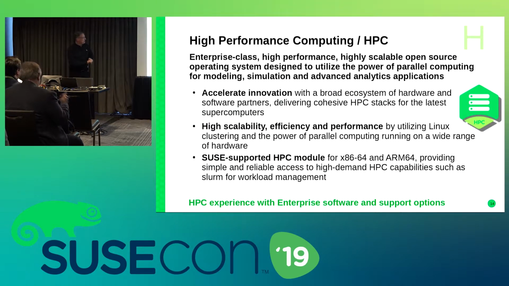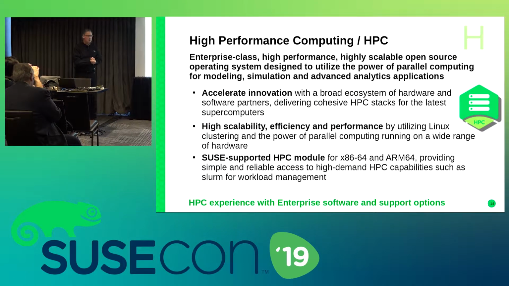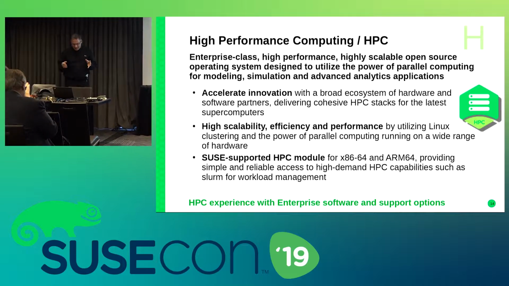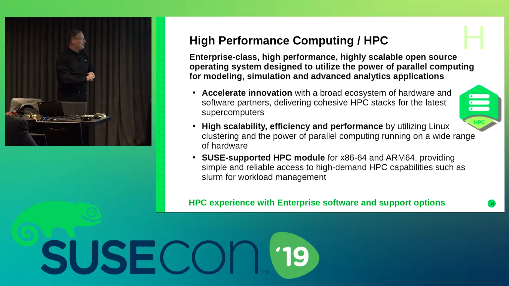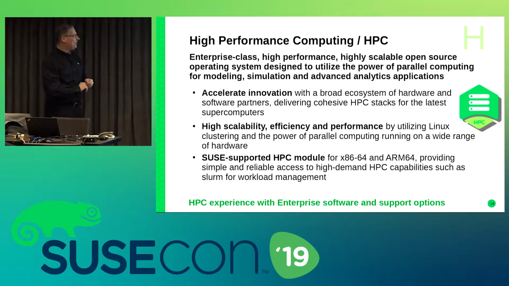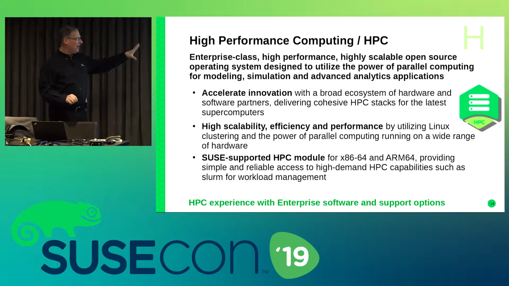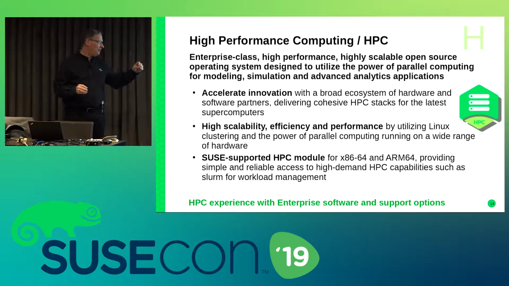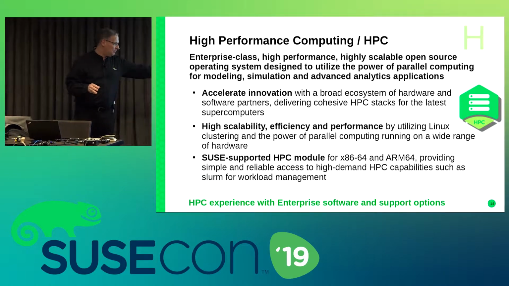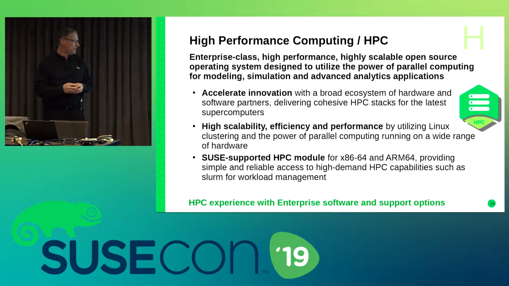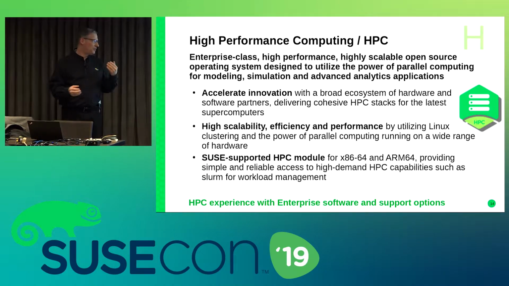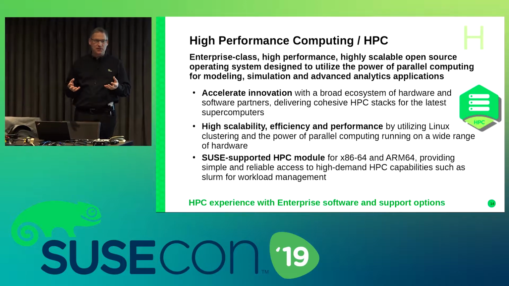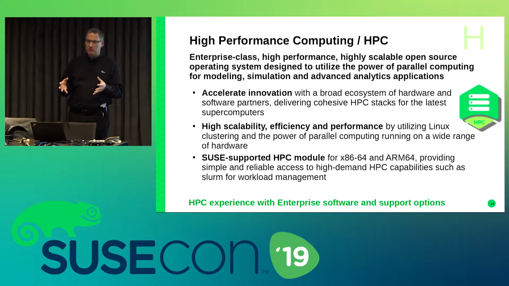High performance computing. SUSE has a high performance computing product. And I decided to put this in case I have a second H, so you can imagine. We have built this on SUSE Linux Enterprise. The real thing is that in this supported HPC module for x86 64 and ARM, we provide simple and reliable access to HPC tools that most people want.